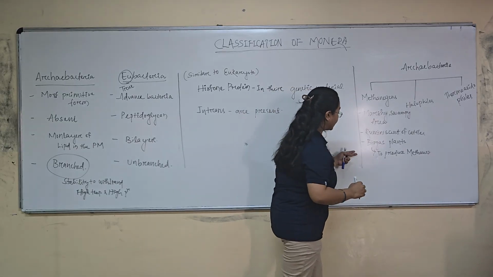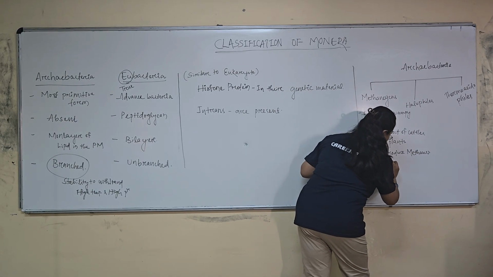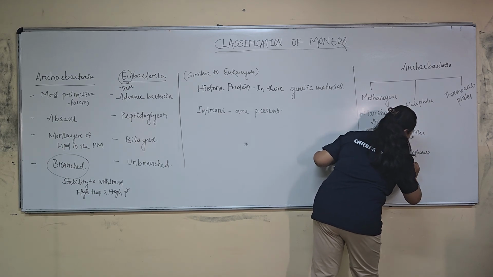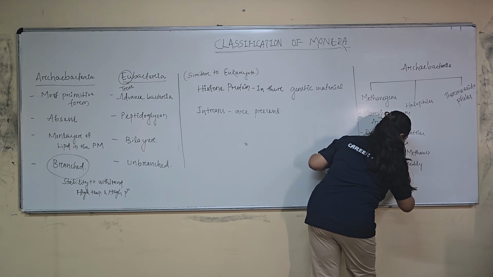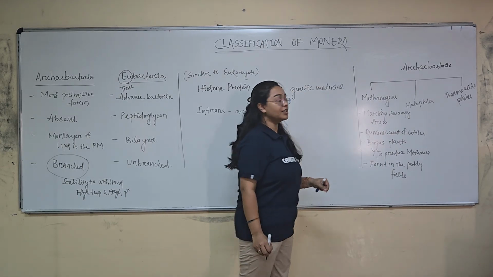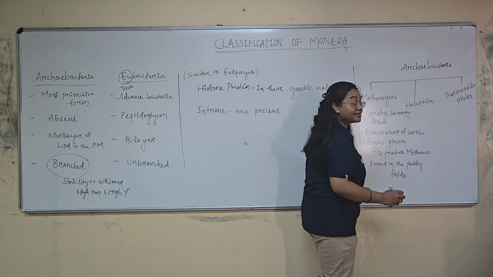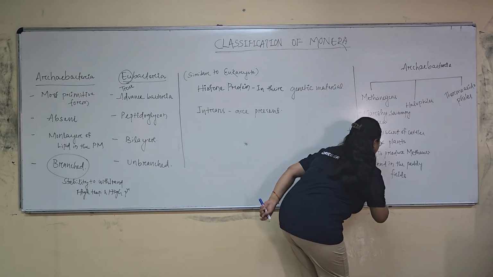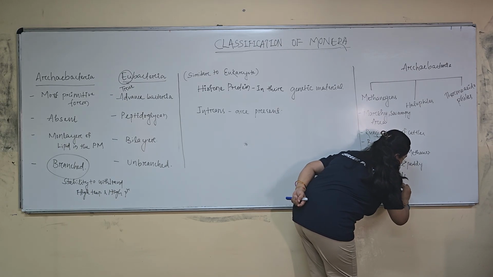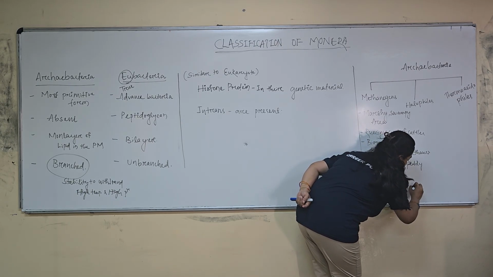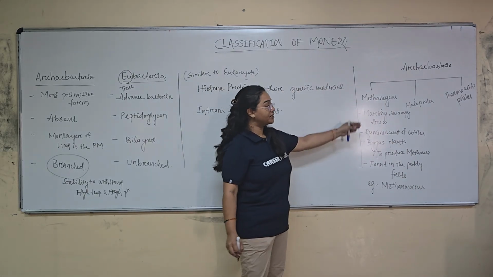Then after that they are also found in the paddy fields. These are all about the methanogens. Let me give you an example of the methanogens: Methanococcus is an example of methanogens.